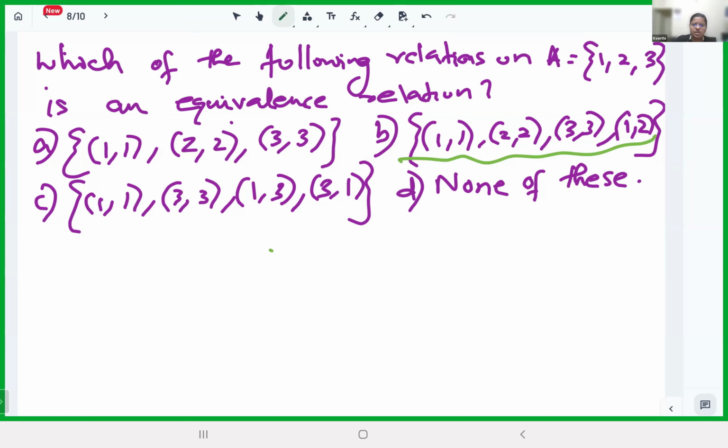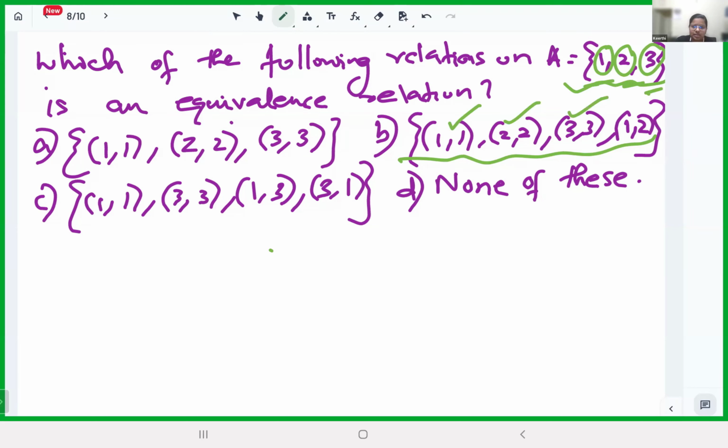These are the elements of the set A. In order for a relation to be reflexive, the ordered pair of each element with itself should be in the relation, which means (1, 1) should belong to R, (2, 2) should belong to R, and (3, 3) should also belong to R. Here you can see that (1, 1) belongs to R, (2, 2) also belongs to R, and the ordered pair (3, 3) also belongs to R.